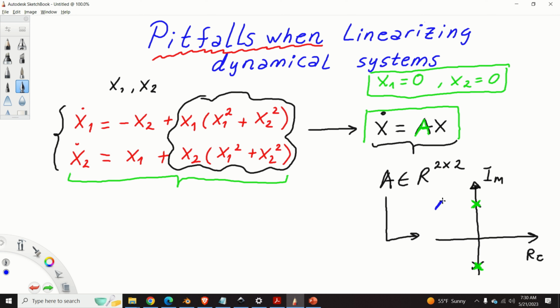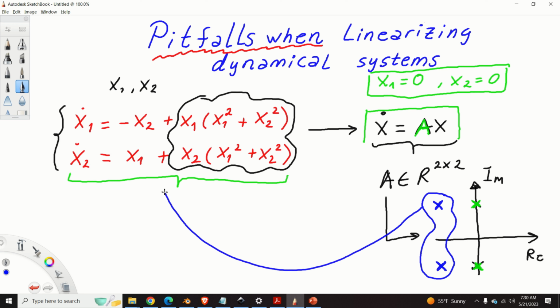If the eigenvalues of this matrix A are over here, that is, they are not touching the imaginary axis, then you can definitely say that since the linearized system's equilibrium point is asymptotically stable, this implies that the equilibrium point of the nonlinear system will also be asymptotically stable.